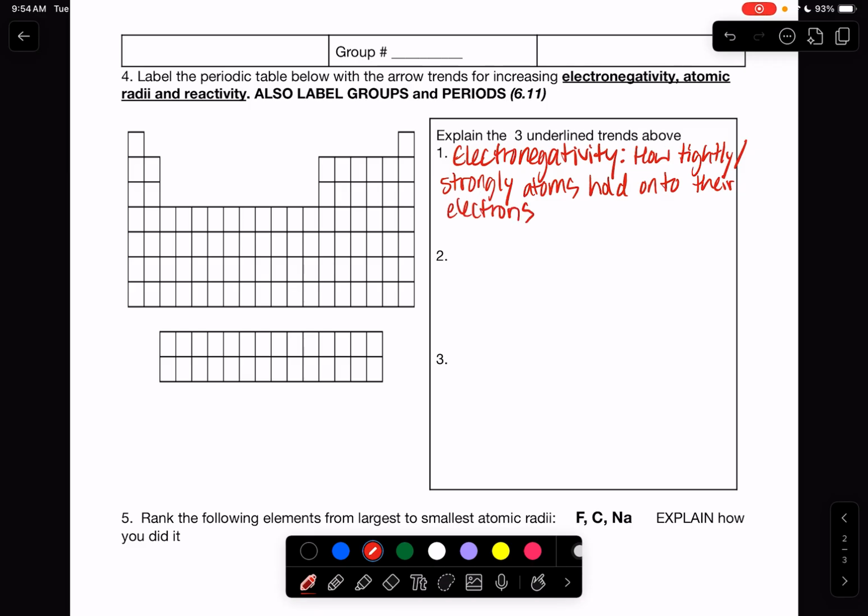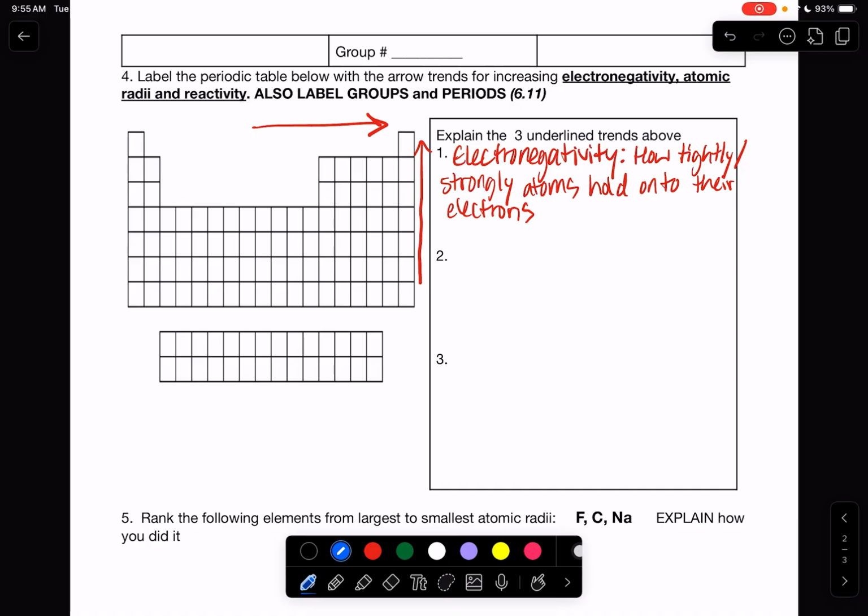So this trend is increasing to the right side of the periodic table and increasing up a group. So it's how tightly they hold on to electrons, meaning if they're holding on to those electrons pretty tight, they're not going to give them up. Versus if their electronegativity is low, they're going to give up those electrons pretty easily.